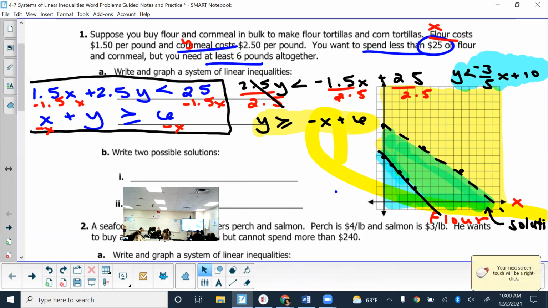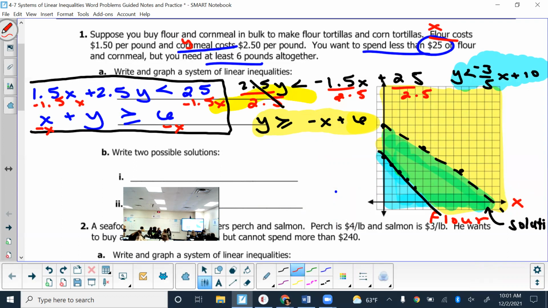I use colors, so on my screen it's green. All right, and then anything in that green area is a solution. We're going to cover that next. Questions about the graphing though?